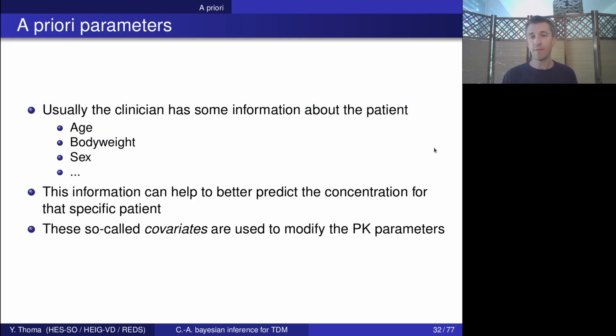Then we have these so-called a priori parameters that would be computed based on the covariates of the patient. So as I said, that could be the age, the body weight, the sex, and so on. It really depends on the drug model and would be different for each of the drug models.